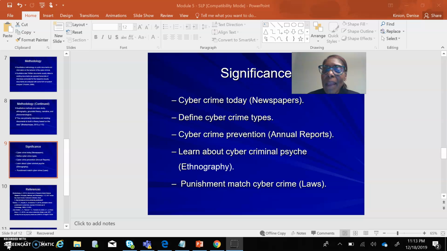Does the punishment match cybercrime? And are the laws significant enough to help eliminate this crisis that we are facing today, this real-world issue that we have with cyber criminal activity?